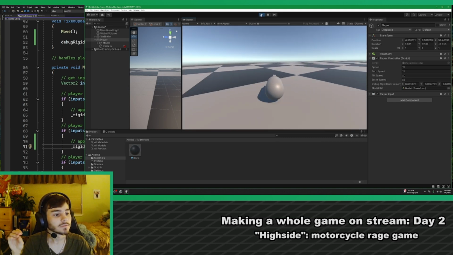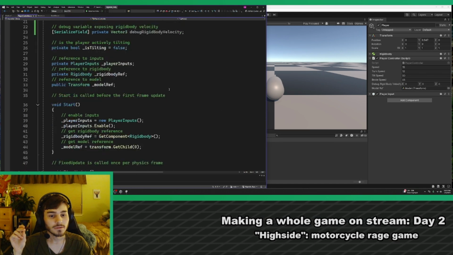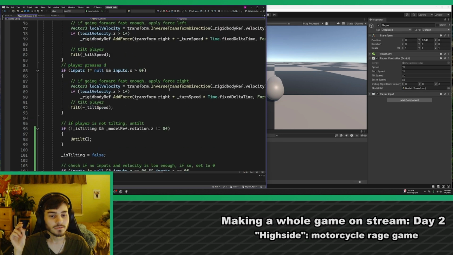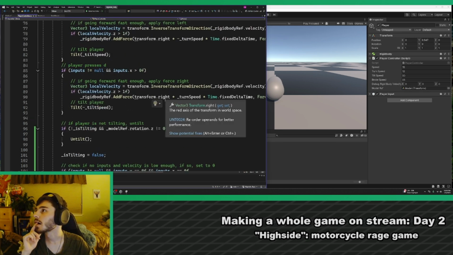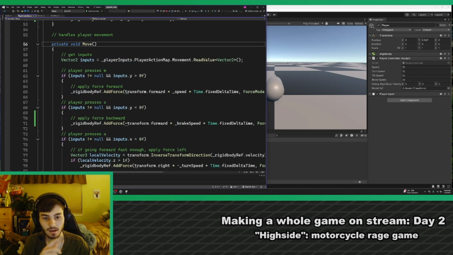Why apply it to the player? Right? Yeah, our rigidbody is on the player.